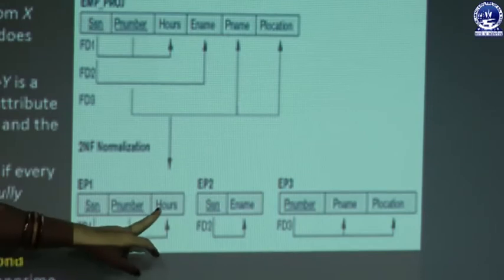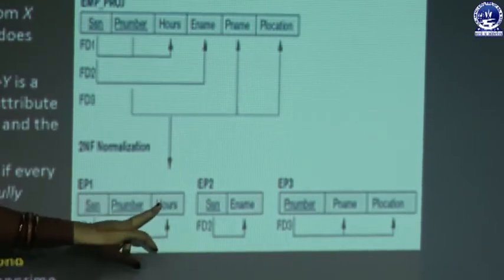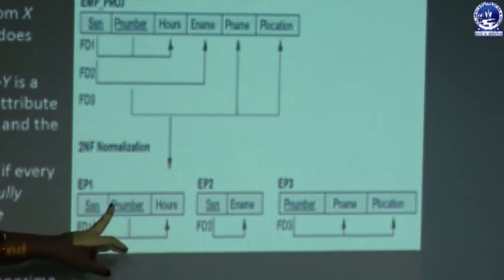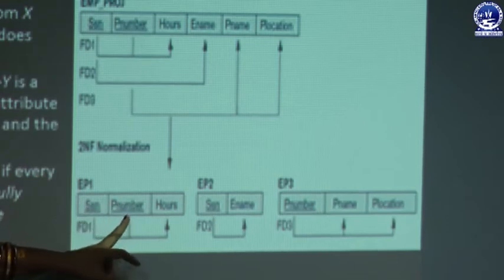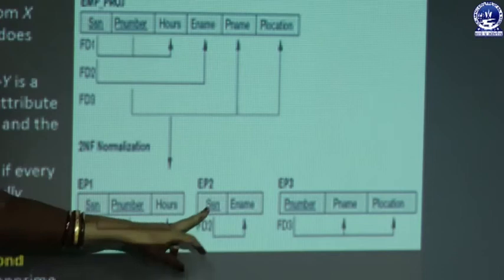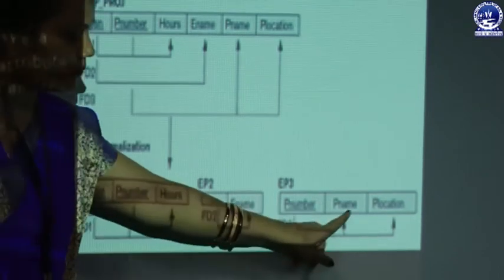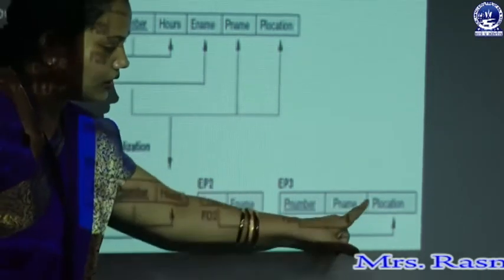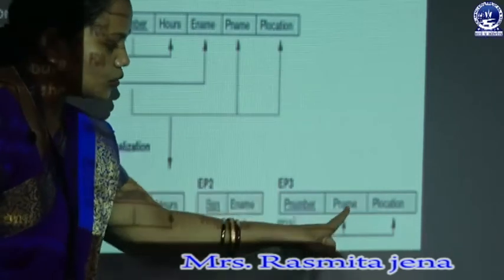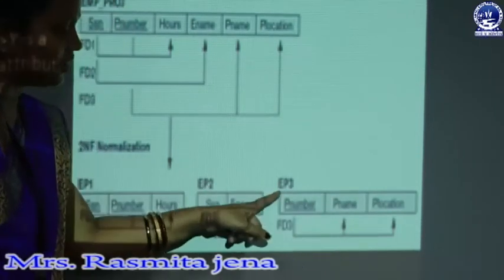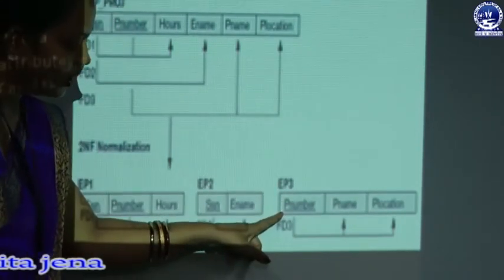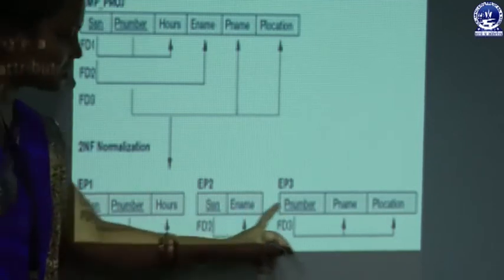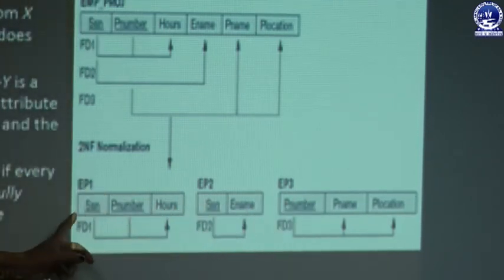You can see here hour is the only non-prime attribute in the first relation schema, and hour is fully functionally dependent upon the key attributes SSN and pnumber. Similarly, in the third relation schema, pname and plocation are both non-prime attributes, and these two are fully functionally dependent upon the key attribute pnumber. So, these three relation schemas are now in second NF.